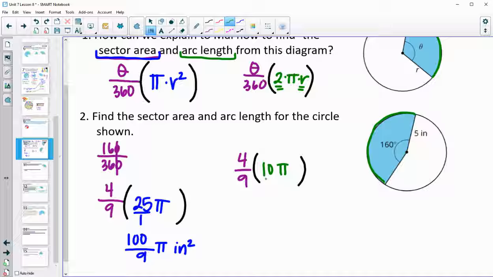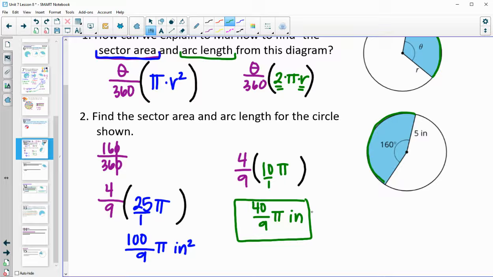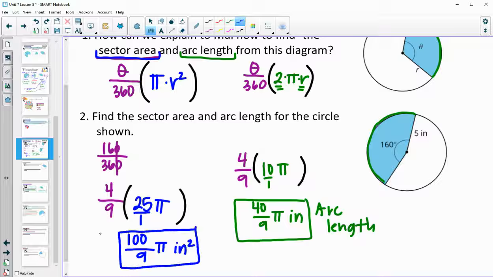And then you could multiply these fractions again. 4 times 10 is 40. 9 times 1 is 9, and then pi. And that doesn't reduce. And then we have inches. So again, you could type that in your calculator, but this would be your arc length. And this would be your sector area.